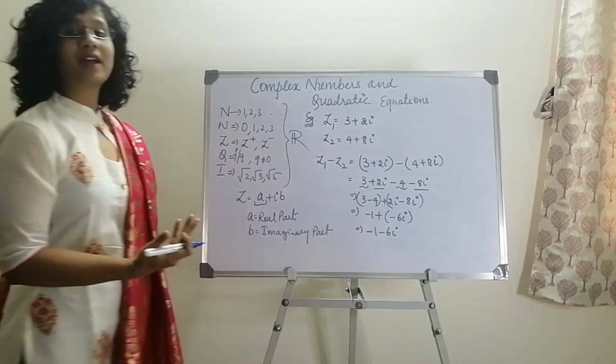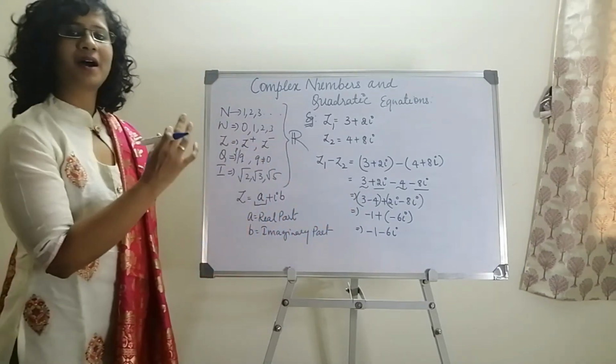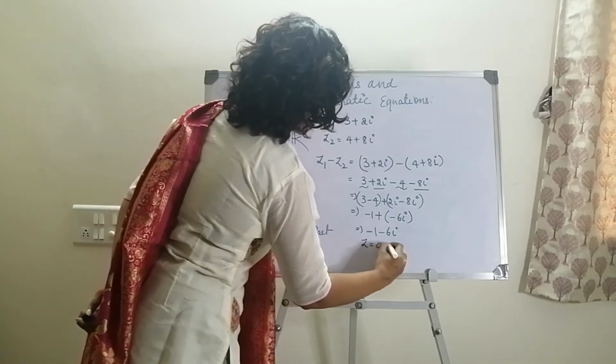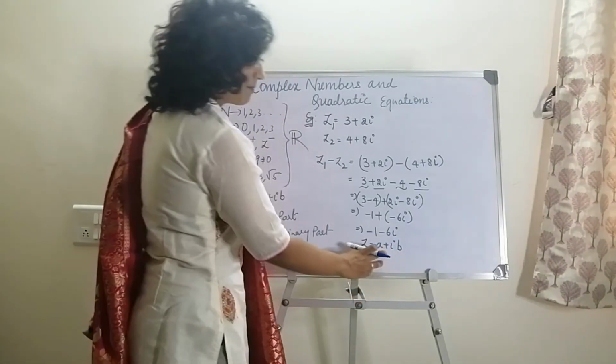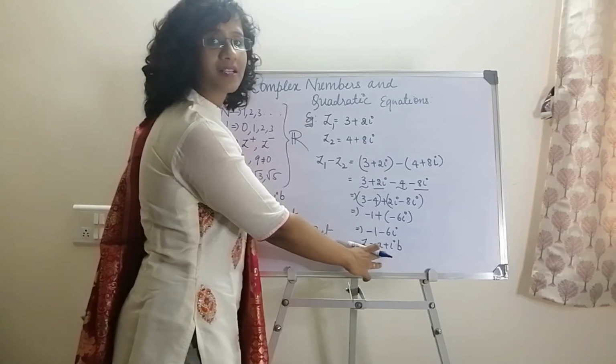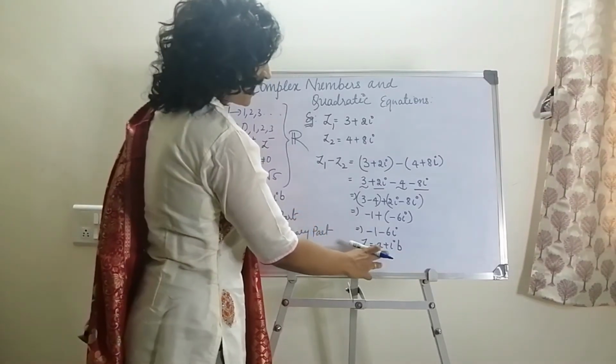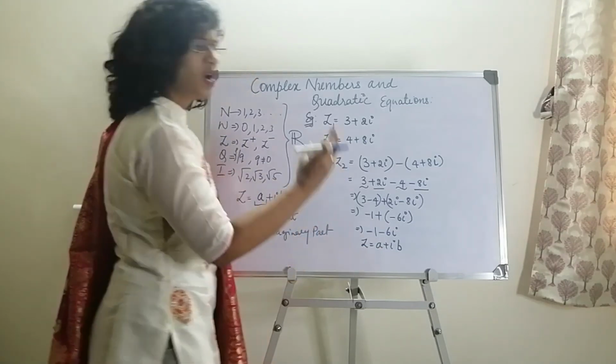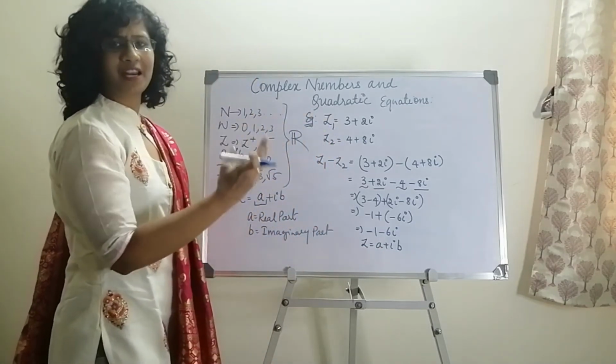So how do I write it in terms of my real part and imaginary part? We know that this resembles a plus ib, but it mandatorily should have a plus sign in between. So if it does not have a plus sign, then how will you bifurcate and write? Only write the terms with a and b.